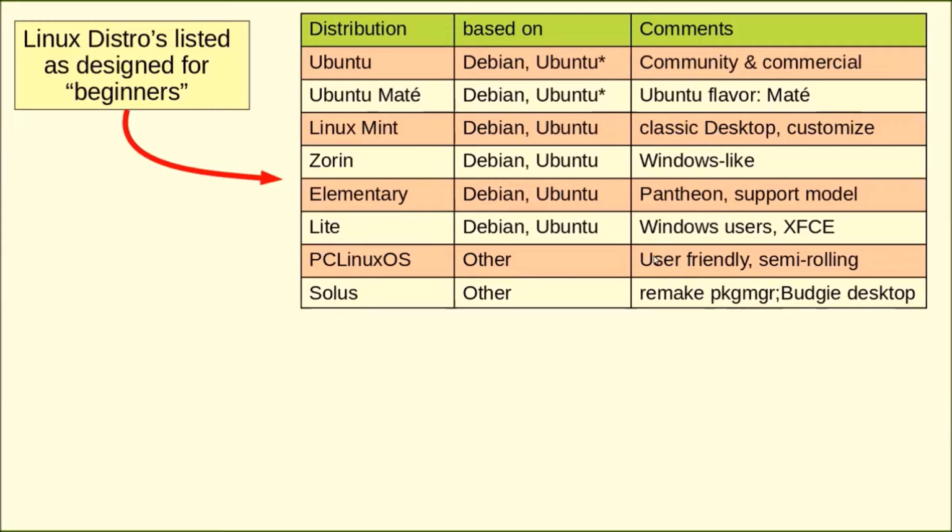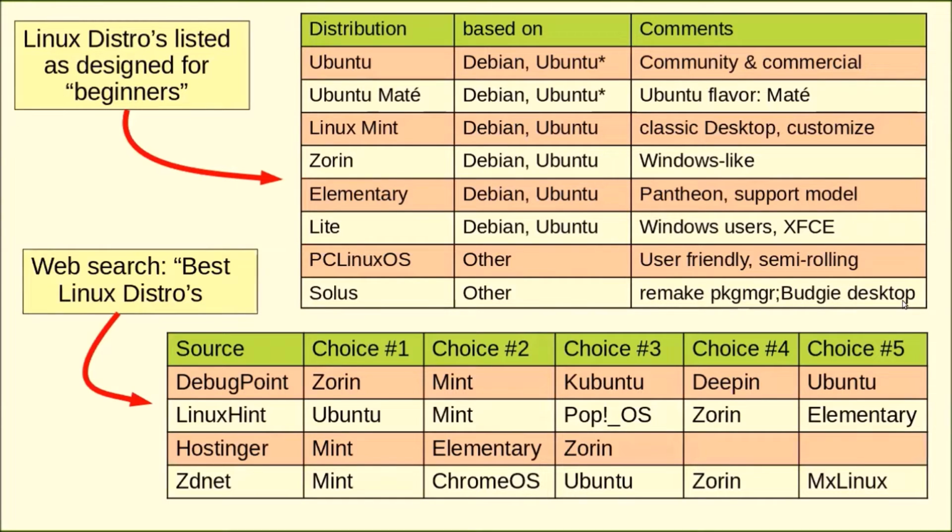And then on the special side, you have PCLinuxOS, which is semi-rolling, and you have Solus, which came from, I guess, Ikey Doherty. This guy did it. He's got his whole idea of how to remake the package manager, and it has his own desktop.